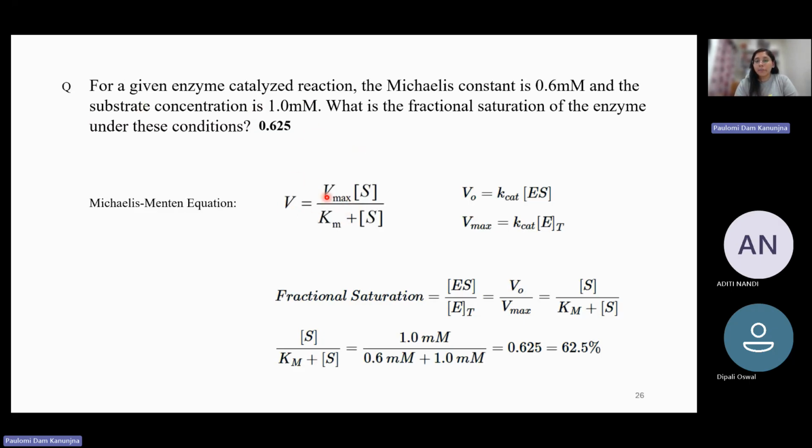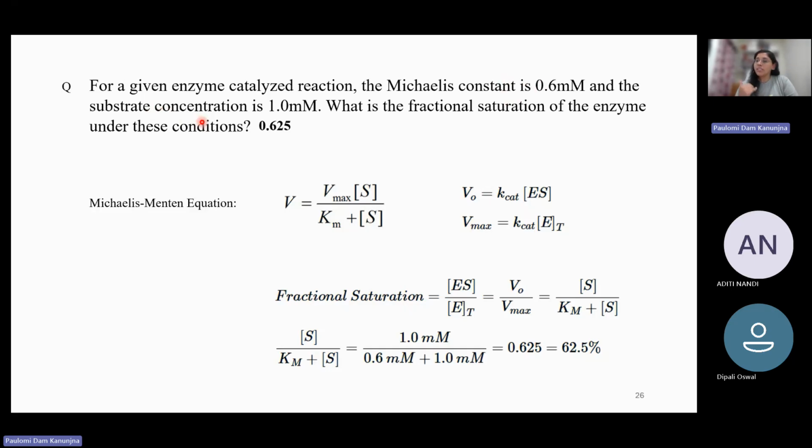V is equal to Vmax into S by Km plus S, which is what we know as the Michaelis-Menten equation. At the same time, we also know V naught is equal to kcat into ES and Vmax is equal to kcat into ET, all the enzyme being used. So what have we said? That we have Michaelis constant as 0.6 and we know the substrate concentration is 1 millimolar.